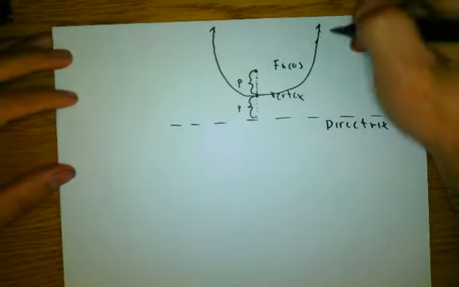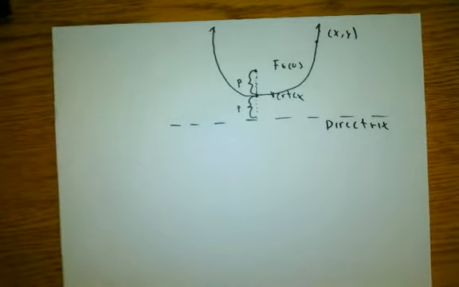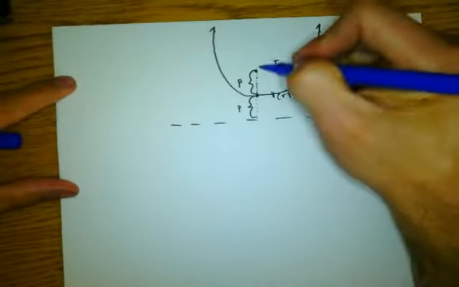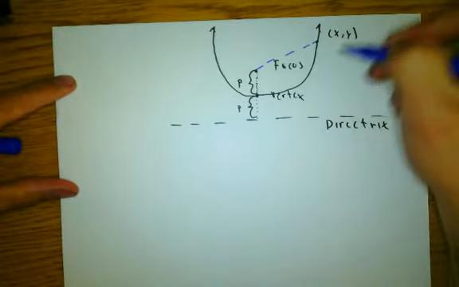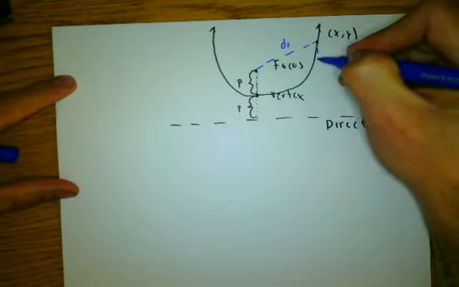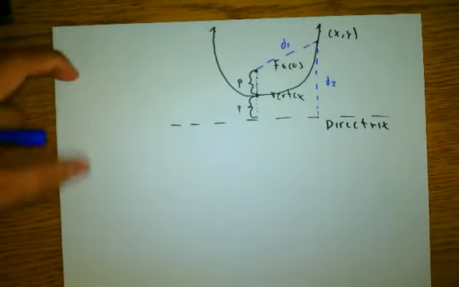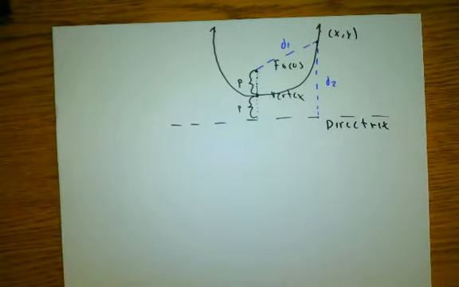What that means is that the distance between the focus and that point, let's call that D1, and the distance to the point on the directrix, let's call that D2, they have to be what? Equidistant means the same. That means that D1 should be equal to D2.